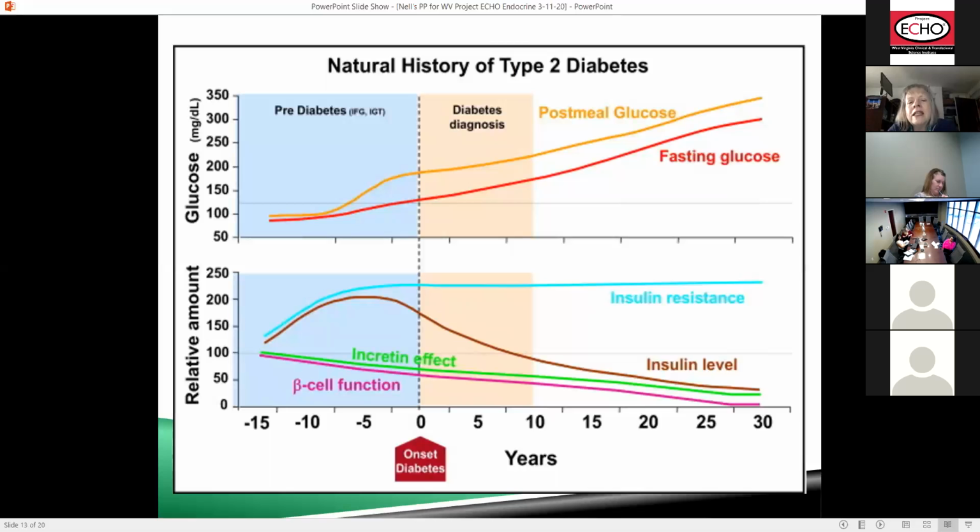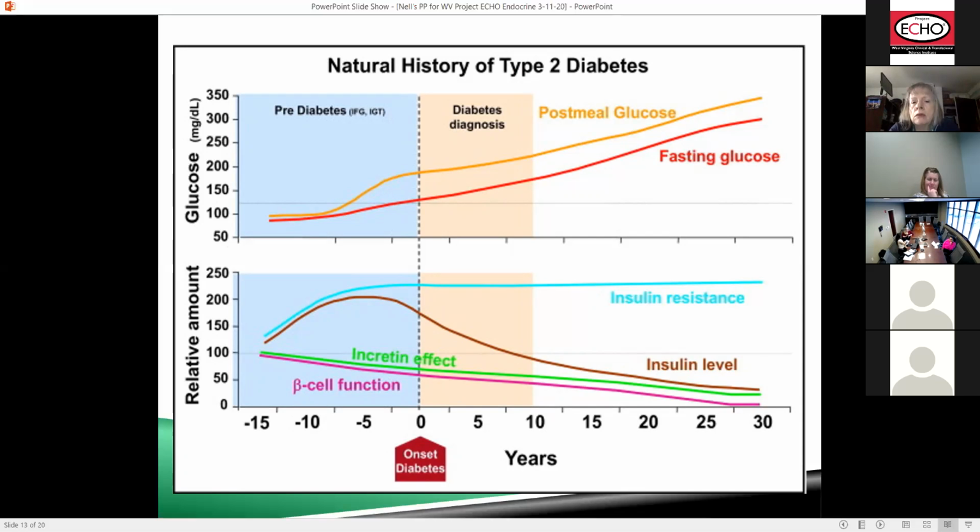Looking at 20 years or so after, this patient has had diabetes for 20 years. Maybe you just inherited the patient. They're overweight. They're not exercising. And let's just, for the sake of argument, say they're on at least metformin and maybe one or two other pills.